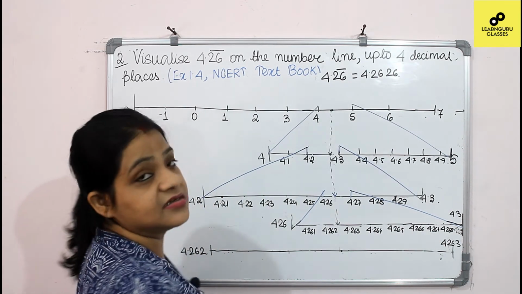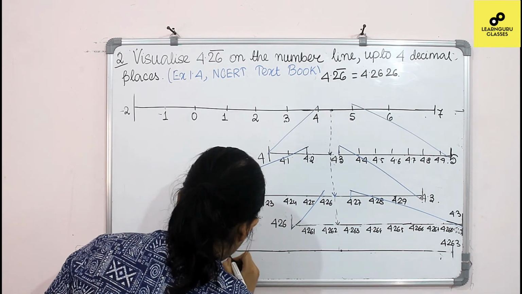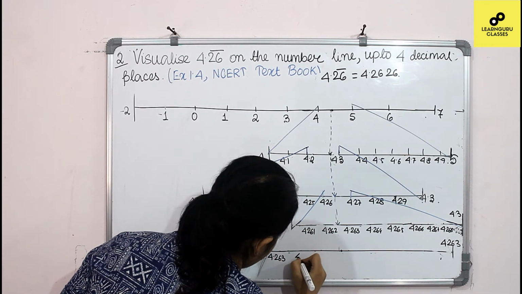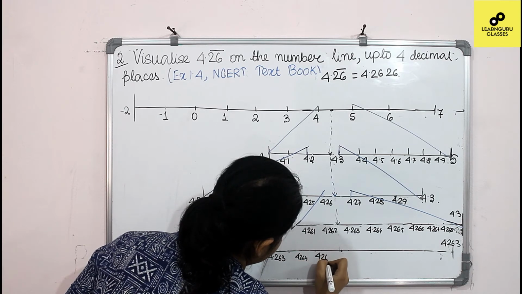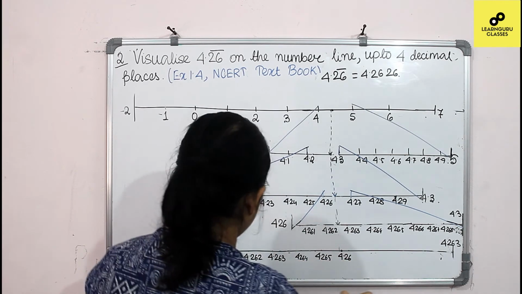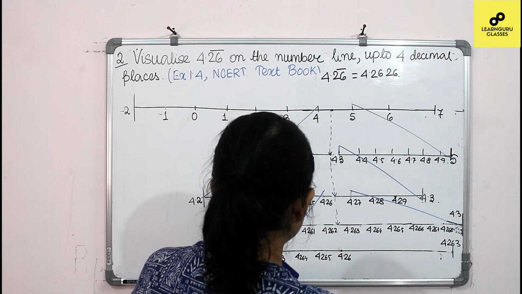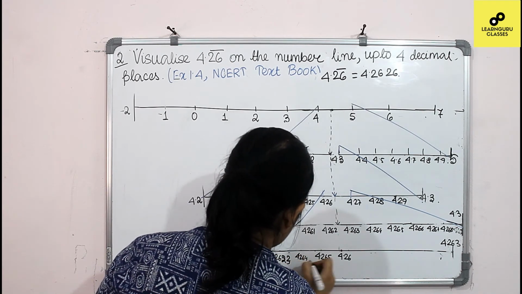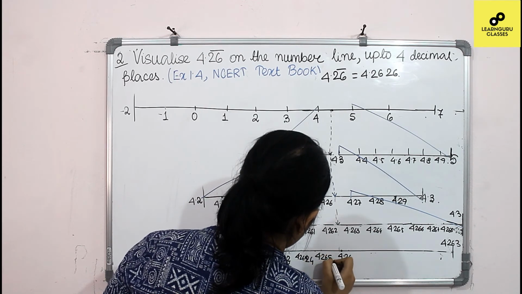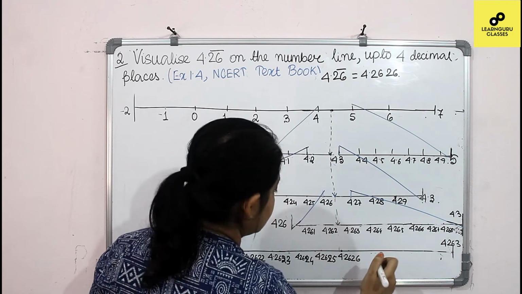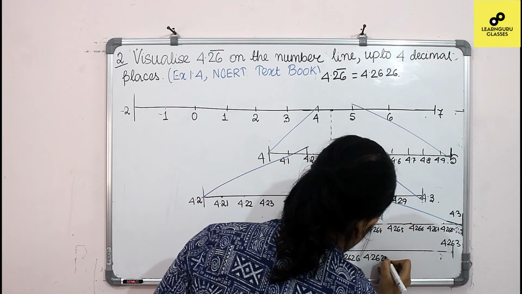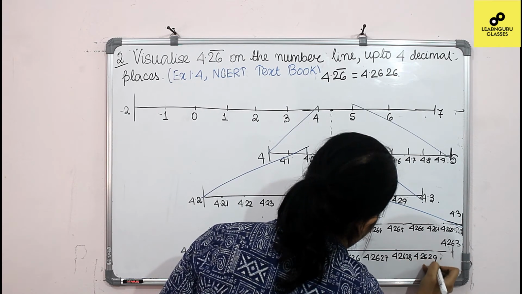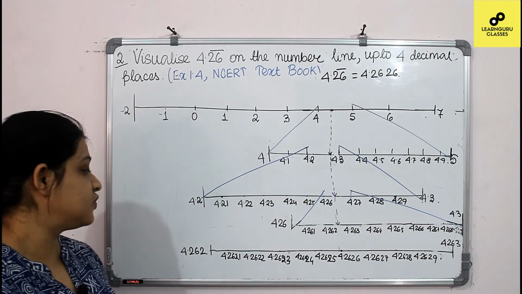Again let us divide it into 10 equal parts: 4.2621, 4.2622, 4.2623, 4.2624, 4.2625, 4.2626, 4.2627, 4.2628, 4.2629 and ultimately you are getting 4.263.